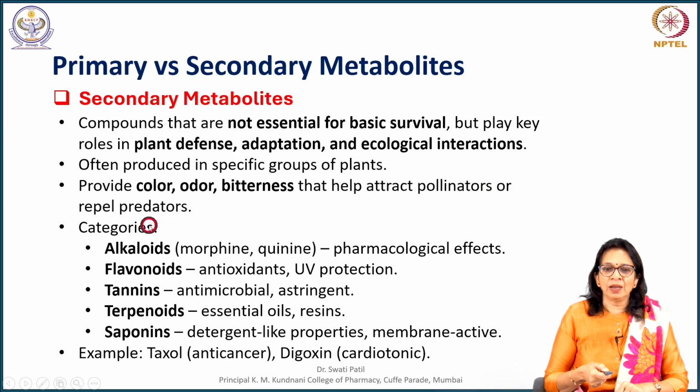For example, alkaloids, which are produced as secondary metabolites from the primary metabolites, are used for different pharmacological effects. Flavonoids are antioxidants and are used in UV protection. Tannins are antimicrobial agents and astringents. Terpenoids give flavors, and resins are used for different therapeutic effects. Saponins, which have detergent-like properties, form a very important class of therapeutic activity for us.